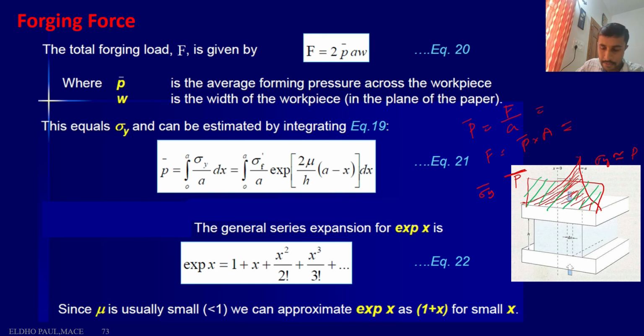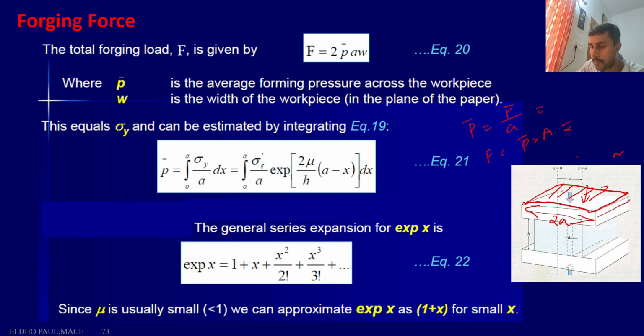So what is the area here? Here we can see the area where we apply the sigma y or pressure. So this will be the area. What is this area? We know this is equal to 2A. This is equal to 1, as we take unit width.